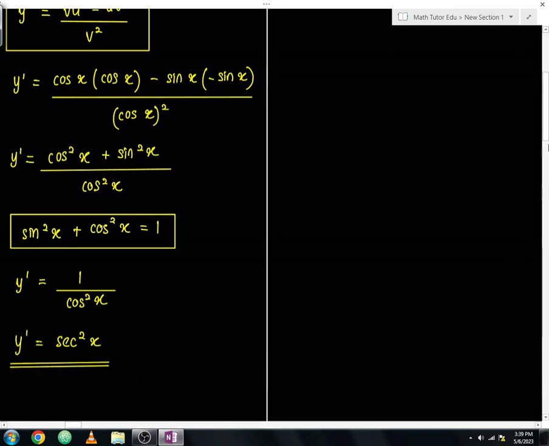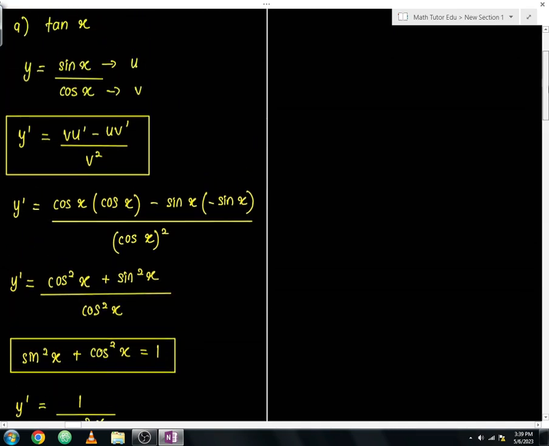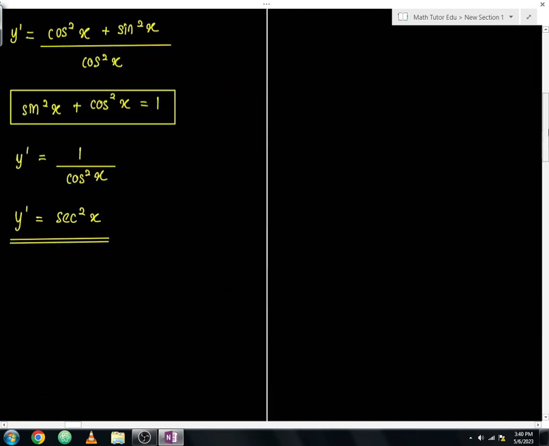Okay, so from here let us proceed to the next one, which is cotangent x. Cotangent x is slightly similar to tangent x. So cotangent x, we can write it as 1 over tangent x.